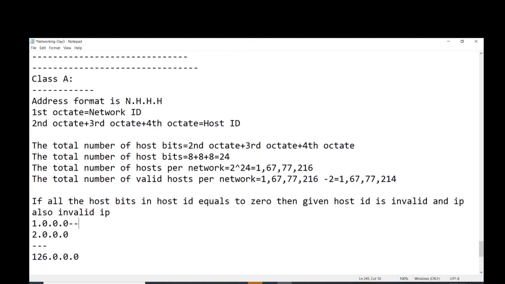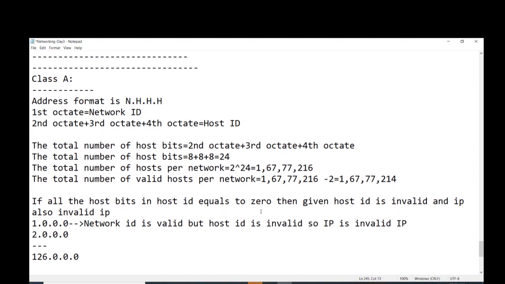Yes or no? Yes, the network ID is valid but the host ID is invalid, so it is an invalid IP. Is that clear?